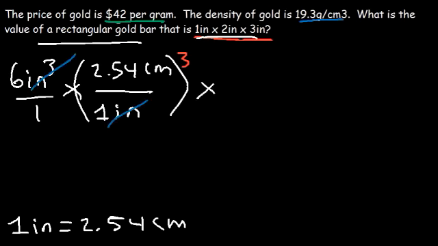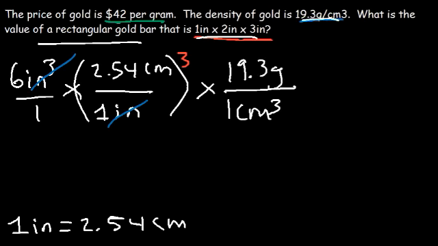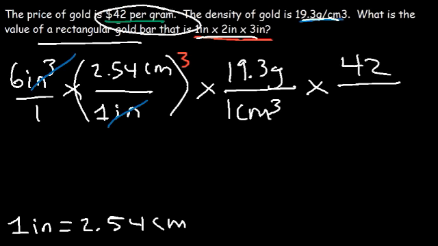Now that we have cubic centimeters, let's use the density to convert it to grams. 1 cubic centimeter is equal to 19.3 grams based on this number. And the price of gold is $42 per gram. So the unit grams cancel and cubic centimeters.